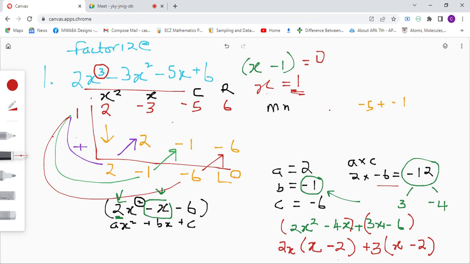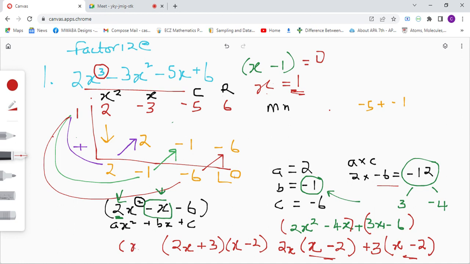So now we have this x minus 2 similar to this one. So we break it down as 2x plus 3 and x minus 2, and we have our first factor, which is x minus 1.